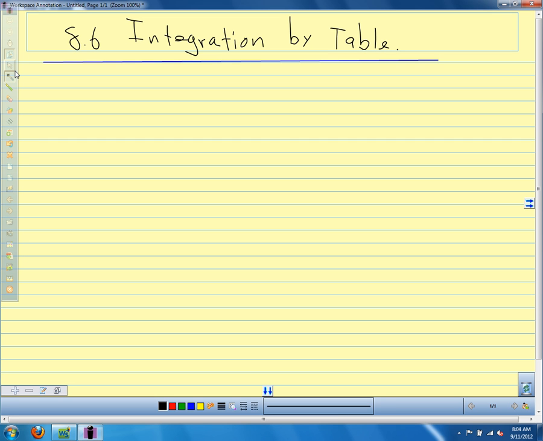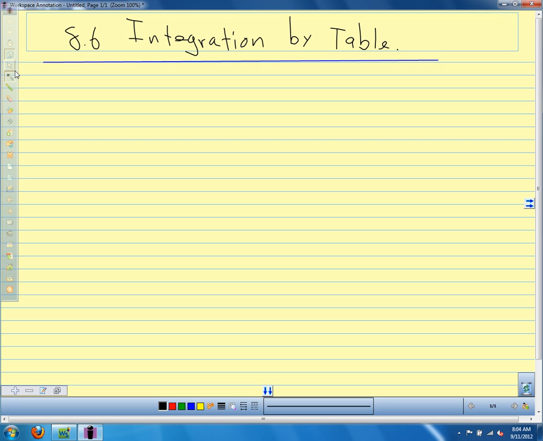Now the challenging thing about the integration tables is that sometimes we need to work with the particular integral that we have to get it into a form that lets us use the table.